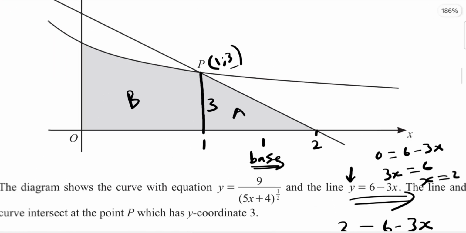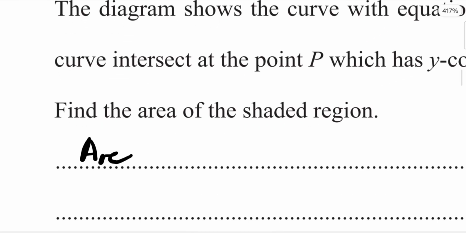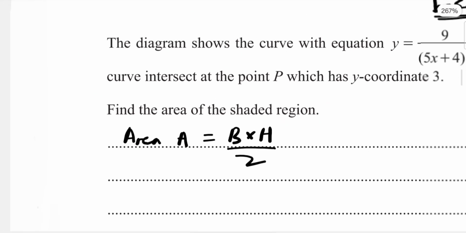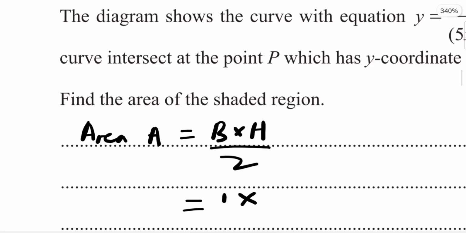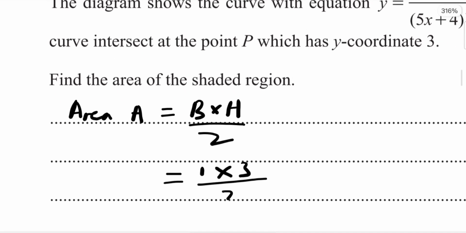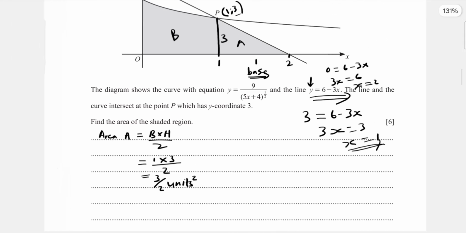So area A will be equal to base times height over 2, or half base times height, and our base is 1, so it's 1 times 3 over 2, which will give us 3 over 2 square units. And that's the area for A.